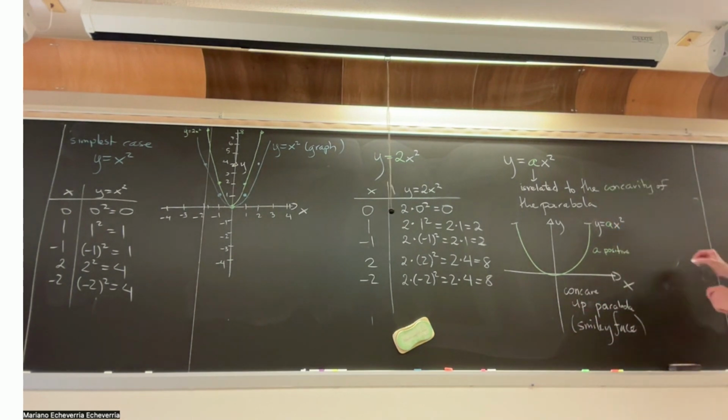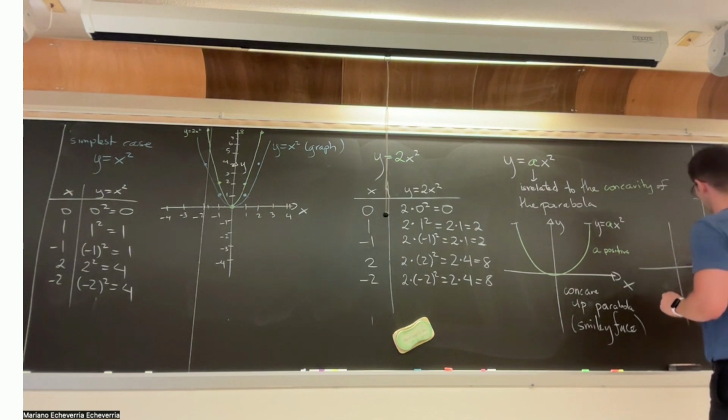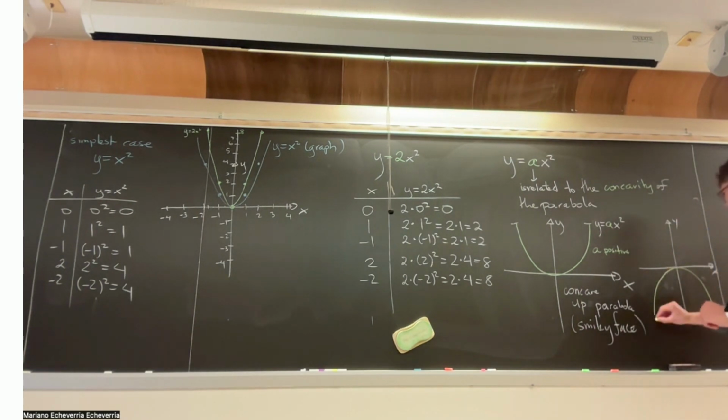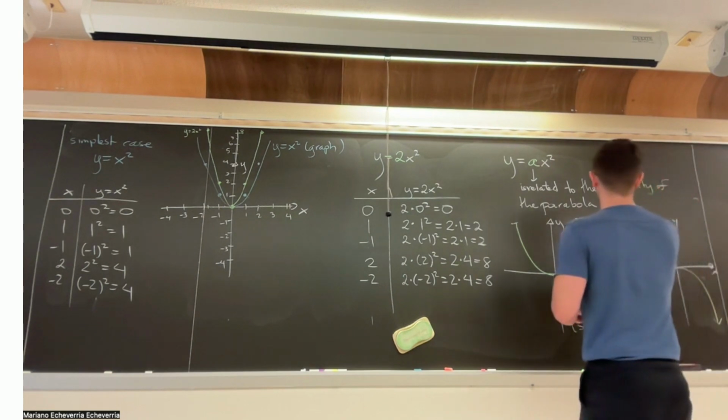And when a is negative, the parabola looks like this.